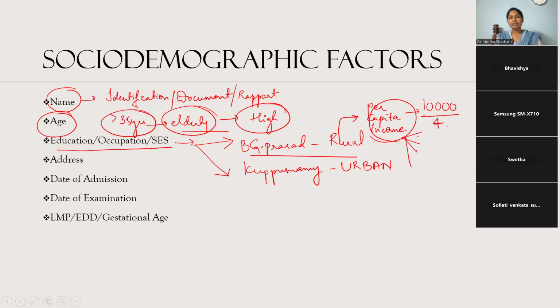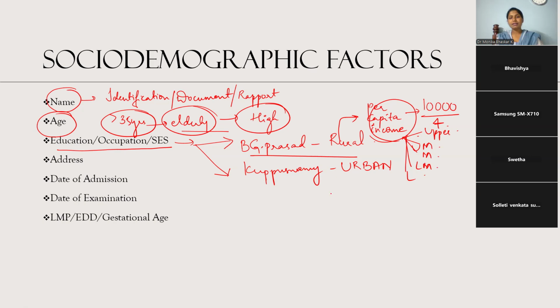There are 5 types. The first one is the upper class, the second one is the upper middle class, the third one is middle class, then we have lower middle class and lower class. So upper class, upper middle, middle, lower middle, and lower. These are the 5 classes in the BG Prasad classification. It is mainly based only on per capita income.